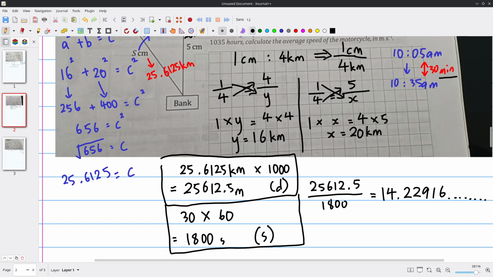So sampai di sini biasanya cikgu akan either ambil 4 titik perpuluhan ataupun 2 lah. So untuk jawapan cikgu akan ambil 4 titik perpuluhan lah. So it becomes, cikgu bundar di sini. Okay. So it becomes 14.2293 ms. Nah, ini dia punya jawapan lah.